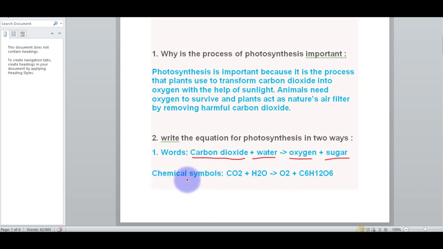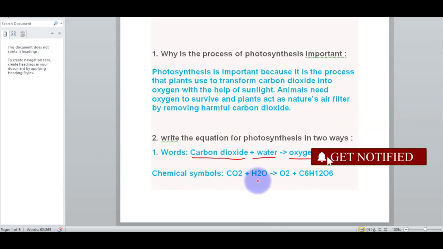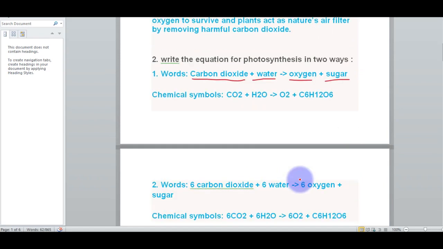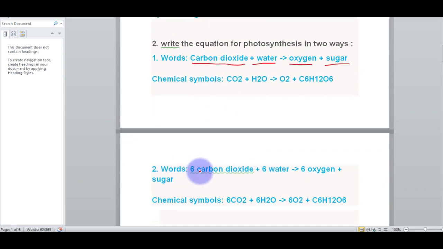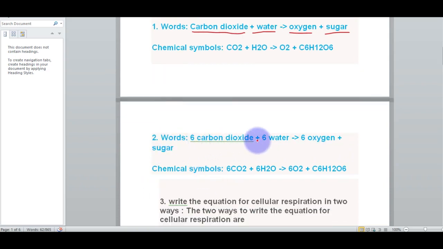To write it as a chemical formula or chemical symbol, we write carbon dioxide, which is CO2, plus water to give us oxygen, which is O2, plus sugar. To write the balanced equation in words, we have to know that 6 molecules of carbon dioxide react with 6 molecules of water to give us 6 molecules of oxygen, with sugar being released.